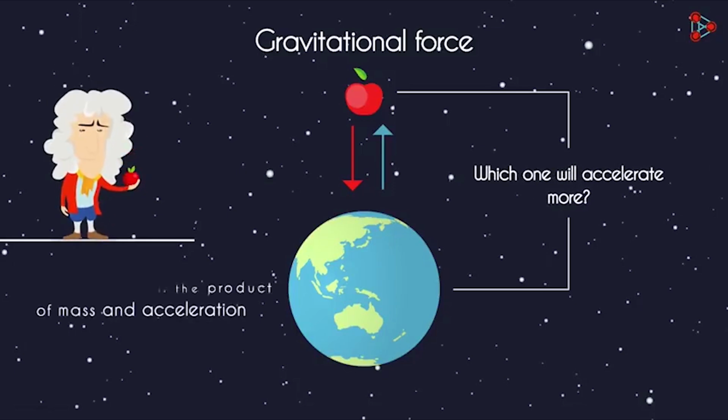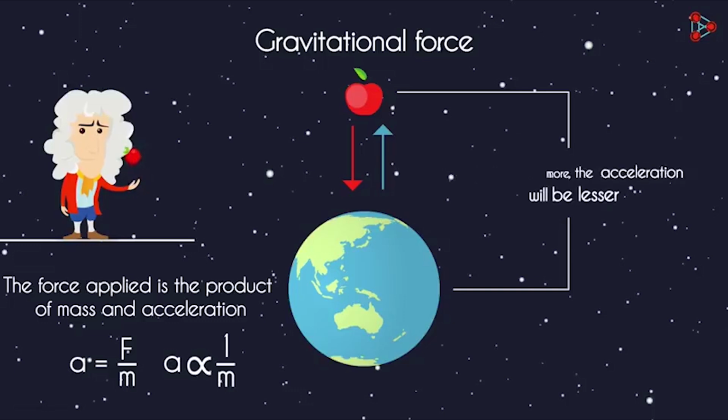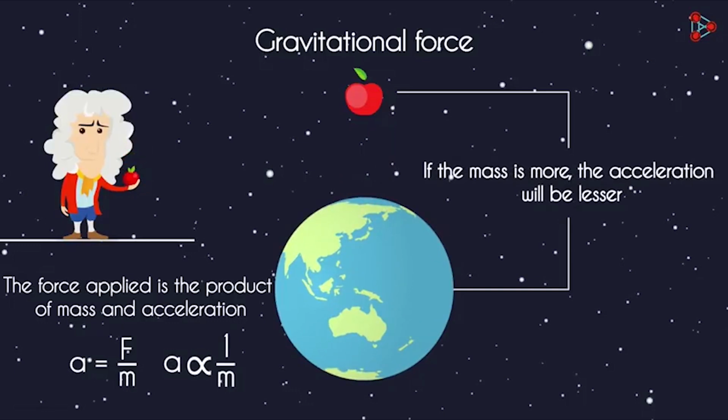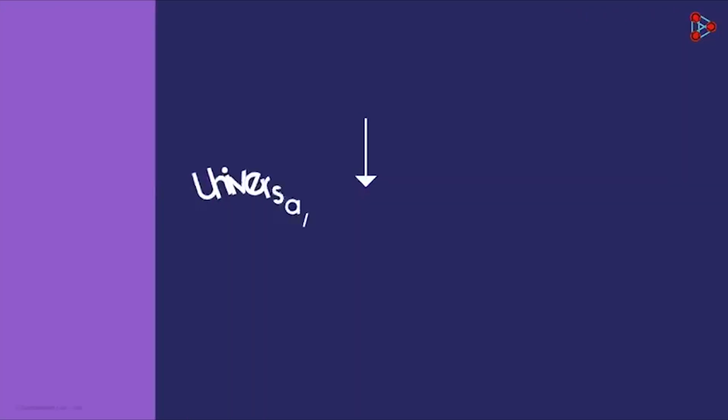From Newton's second law, we know that a force is the product of mass and acceleration. So acceleration is inversely proportional to the mass. As a result, if the mass is higher, the acceleration will be smaller. Since the mass of the Earth is much, much higher than the apple, it is the apple that accelerates towards the Earth. So, how do we quantify the gravitational force?